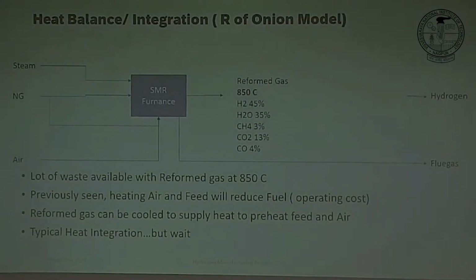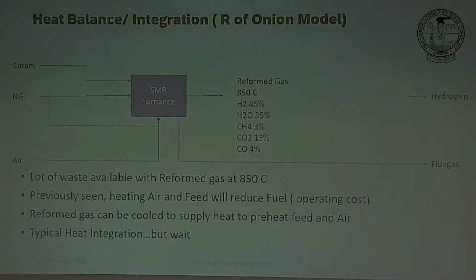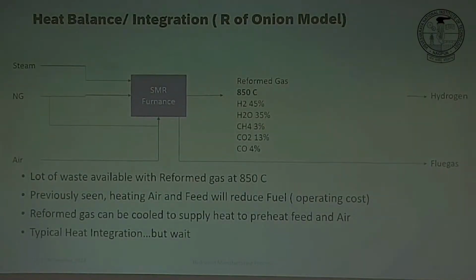But we saw the composition of the reformed gas. We have some byproduct carbon monoxide, right? And we already talked about this, that the SMR reactions have optimum conversion at 850 degrees, but the water gas shift reaction has an optimum operating temperature of somewhere around 350 or 400, right?